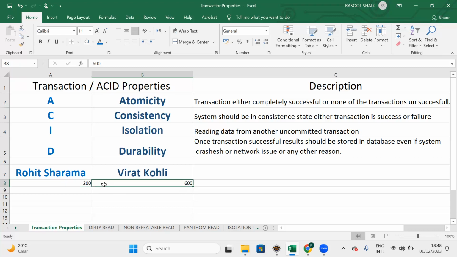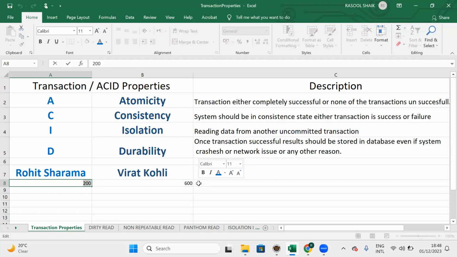So whether the transaction is a success or a failure, the sum of both accounts will be 800. That is the same before transfer, after transfer, whether failed or successful.